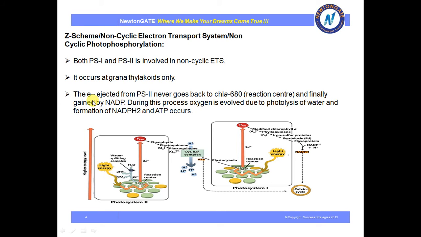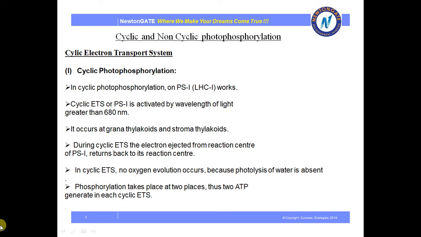Now, the electrons ejected from photosystem 2 never go back to chlorophyll A680 and are finally gained by NADP. During this process, oxygen is evolved due to photolysis of water. Be very careful, in cyclic photophosphorylation, photolysis of water is absent.